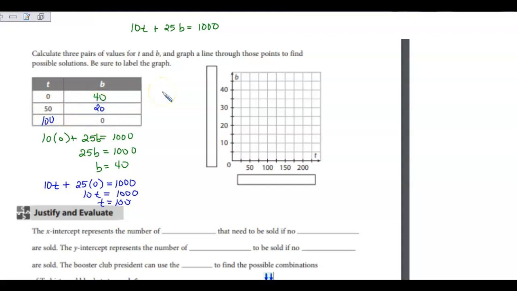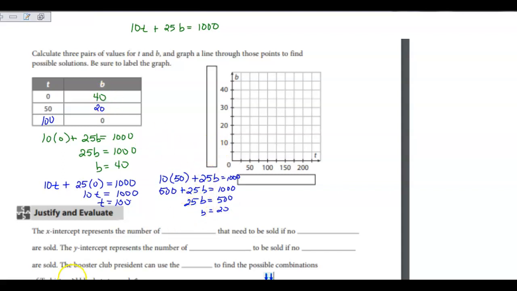Let's try it. So if I have 50t plus 25b equals 1,000, that's 500. If I subtract 500 from both sides, I get 25b equals 500. And I'll bet you if we take 500 and divide it by 25, we get 20. And we sure do.